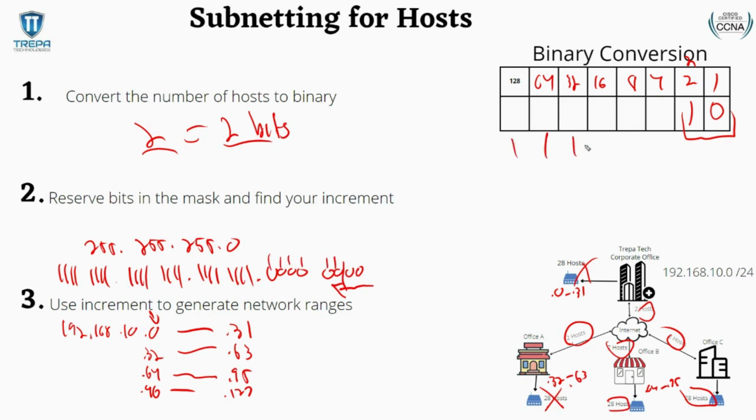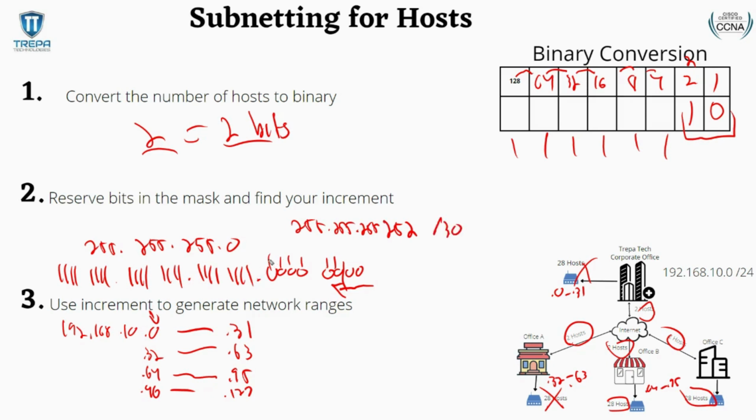And now if we line those network bits up and we do some crazy addition, 128 plus 64 plus 32 plus 16 plus 8 plus 4, that's going to equal 252. Our new subnet mask is 255.255.255.252/30.